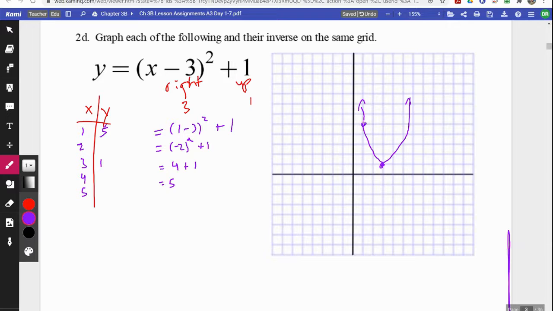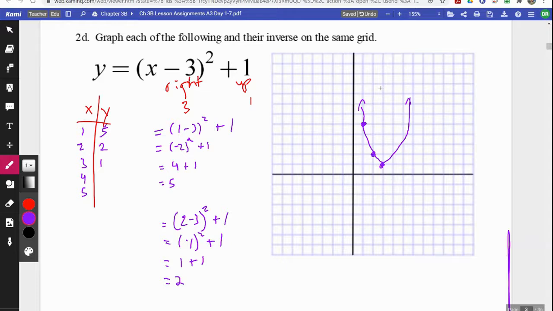Do one more. Plug in 2 minus 3 squared plus 1, which is -1 squared plus 1. Anything negative squared is positive. 1 squared is 1, plus 1 is 2. So (2, 2).